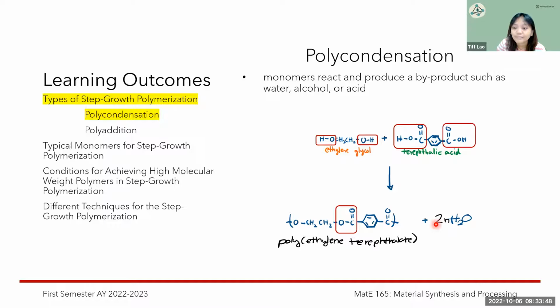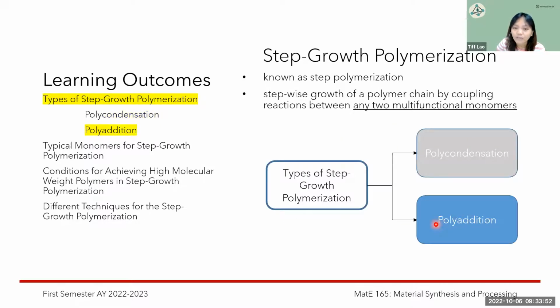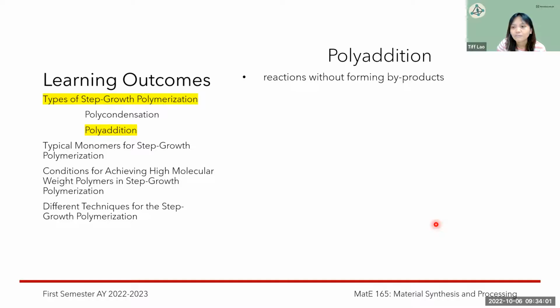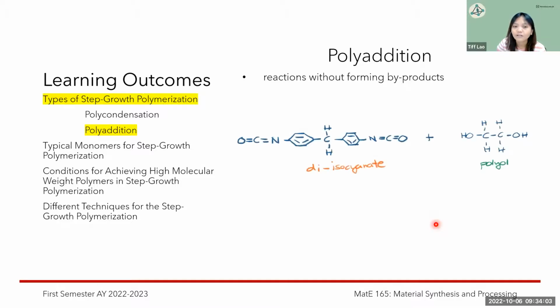Okay. Gets. And then, we have another subtype, that's polyaddition. So, yung polyaddition naman, that's step growth without forming byproducts. Yes, example. Diisocyanate at saka polyol.